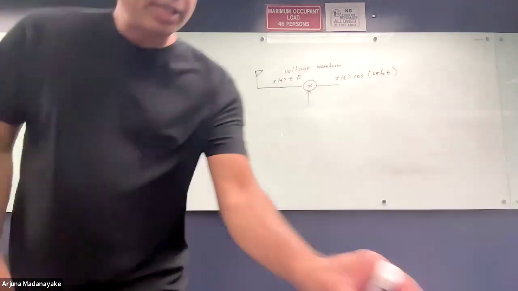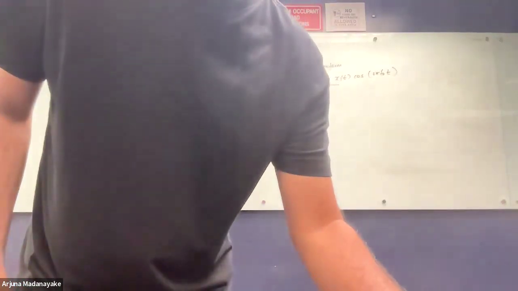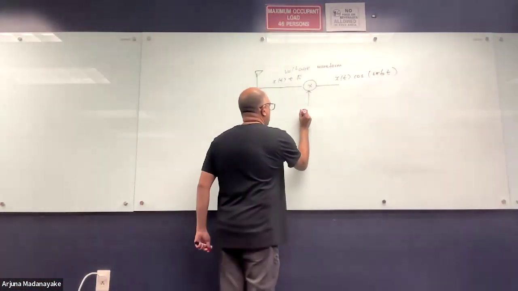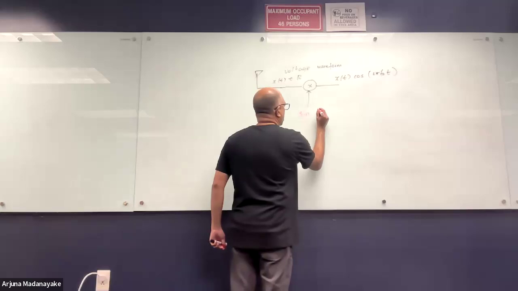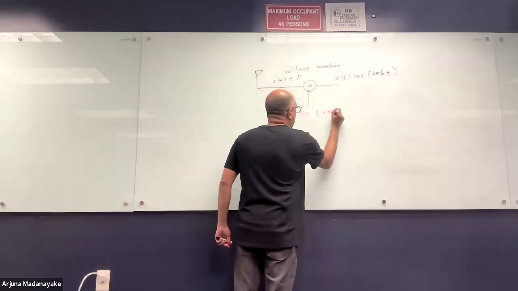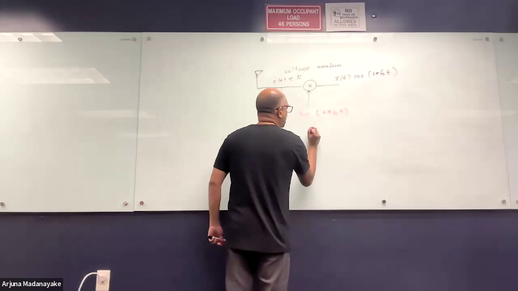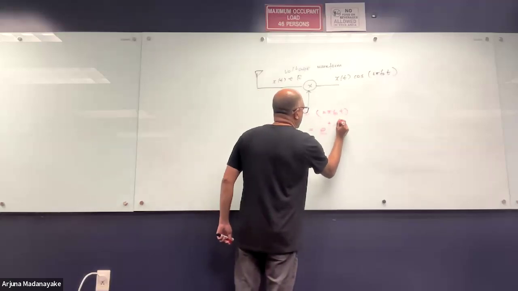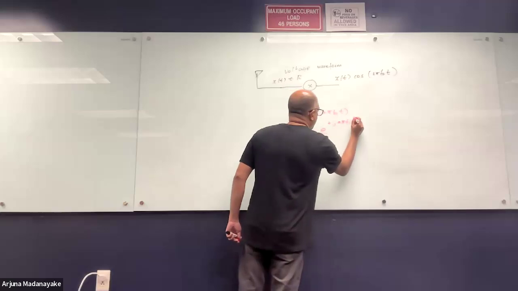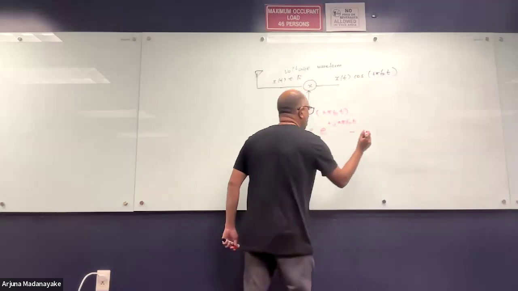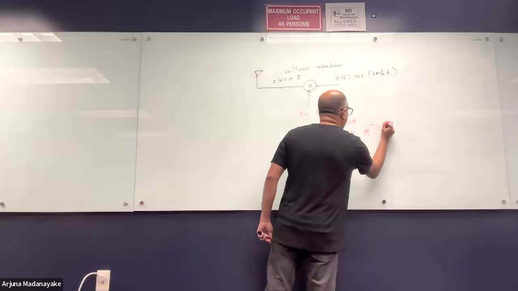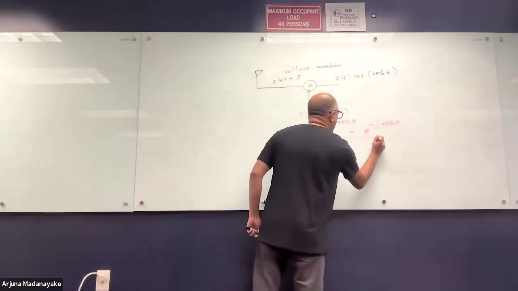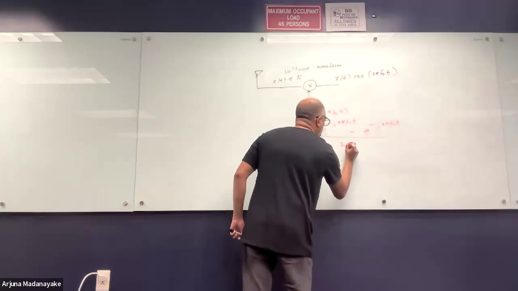So I can write the expansion for the sinusoidal wave: sine of 2 pi f0 t is equal to, the expression is e to the j 2 pi f0 t minus e to the negative j 2 pi f0 t, divided by 2j.